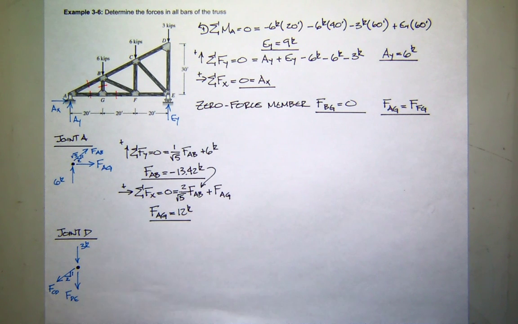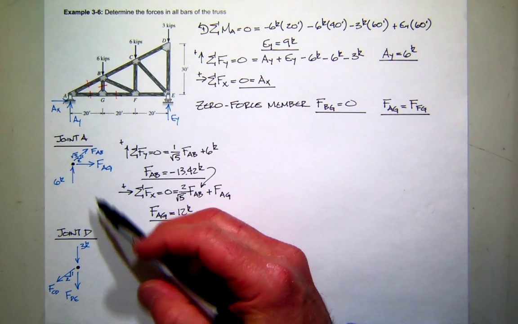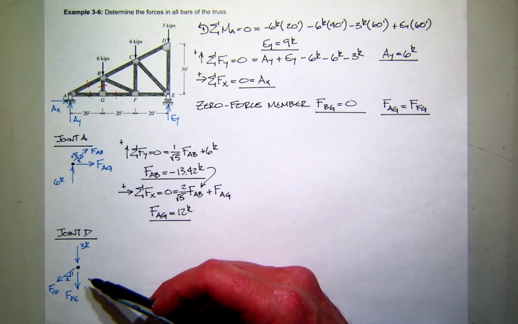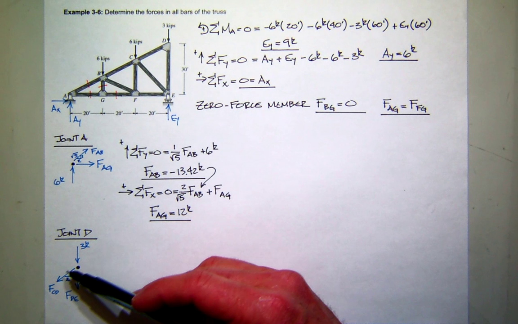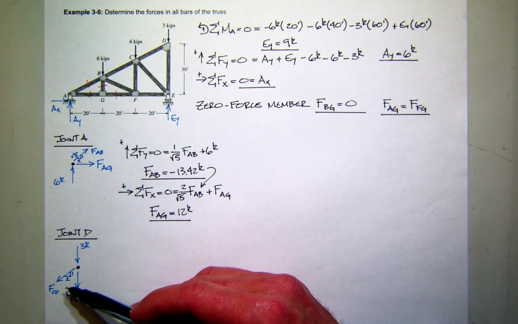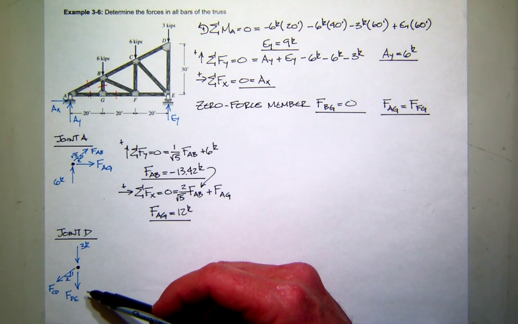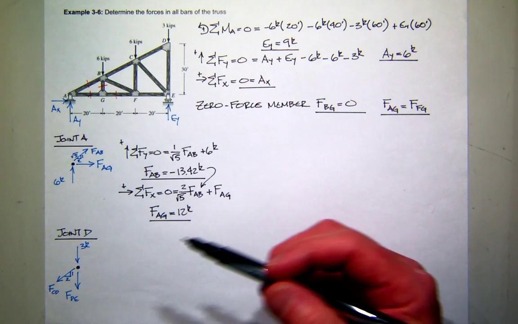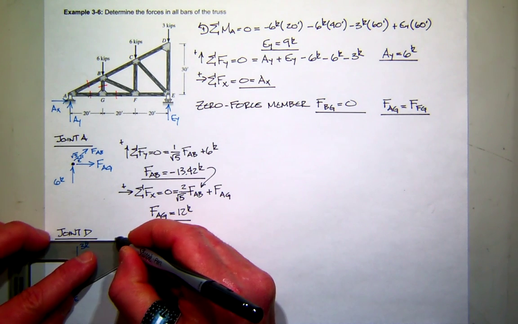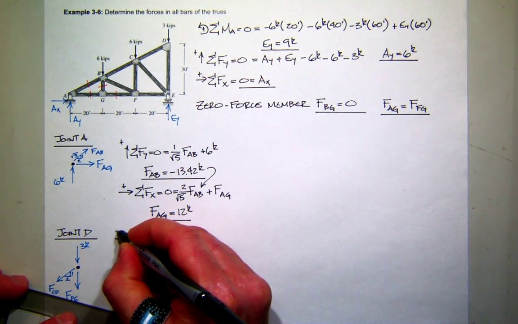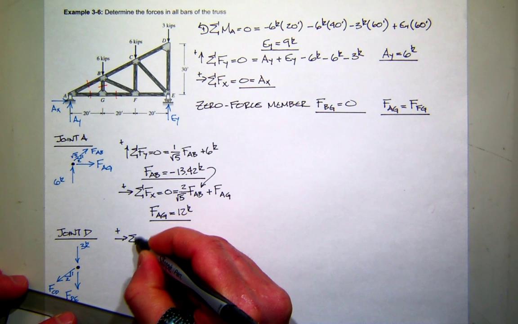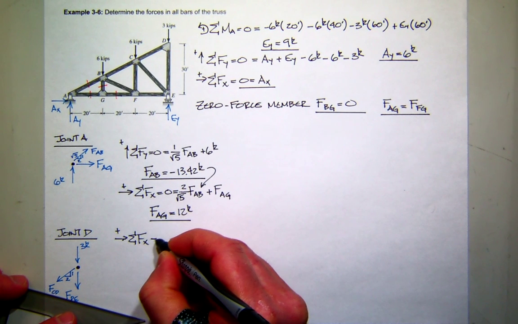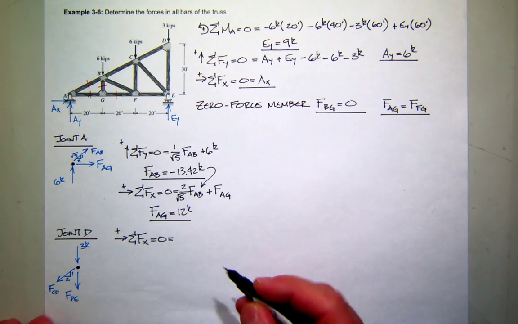2 horizontal to 1 vertical. So the strategy here is pretty much the same as at A, except that you'll notice that CD has an X and a Y component, and DE only has Y. So we're going to sum forces in the X direction first, to make sure we're in equilibrium.